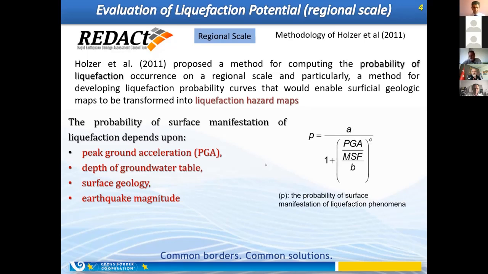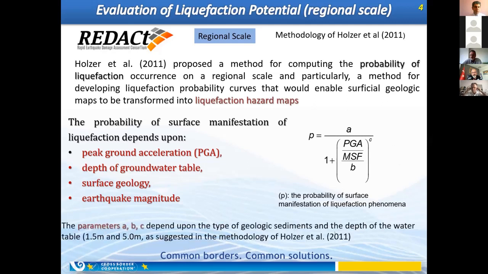The equation used to calculate the probability of surface manifestation of liquefaction phenomenon is this one, where A, B, and C are parameters that depend upon the type of geological sediments and the depth of the water table. According to Holzer et al. methodology, the water table depth was taken at 1.5 or at 5 meters depth.